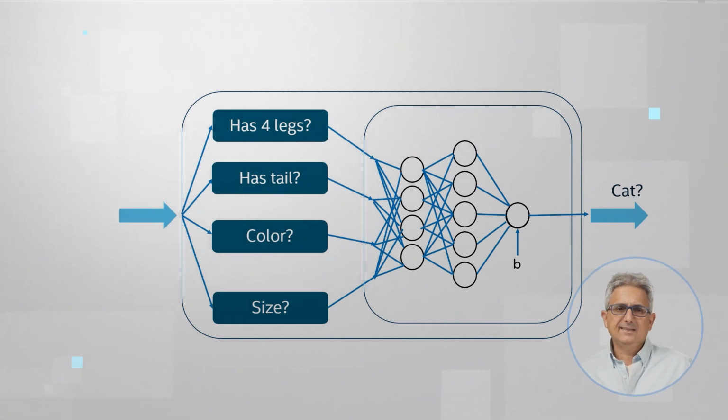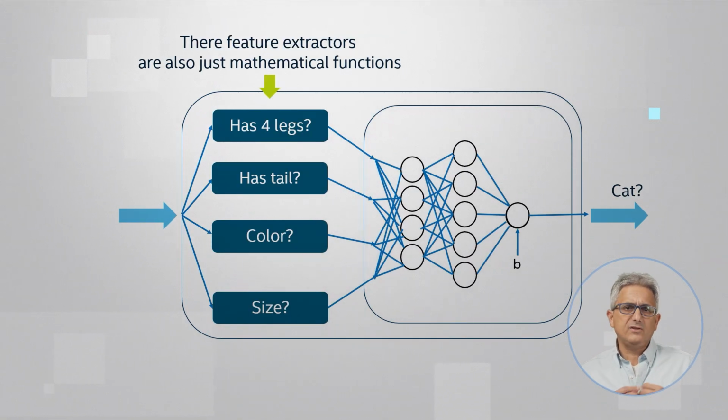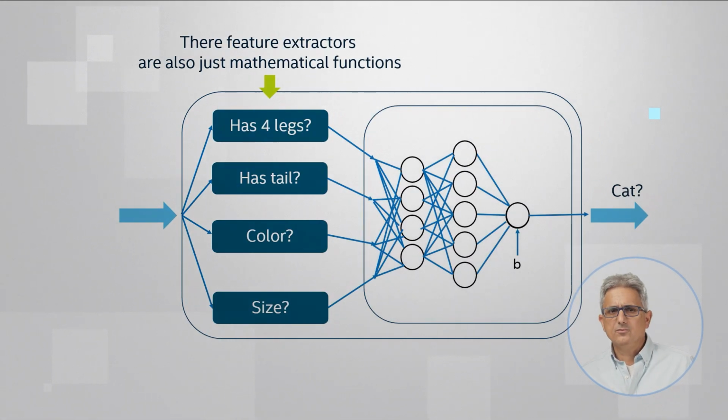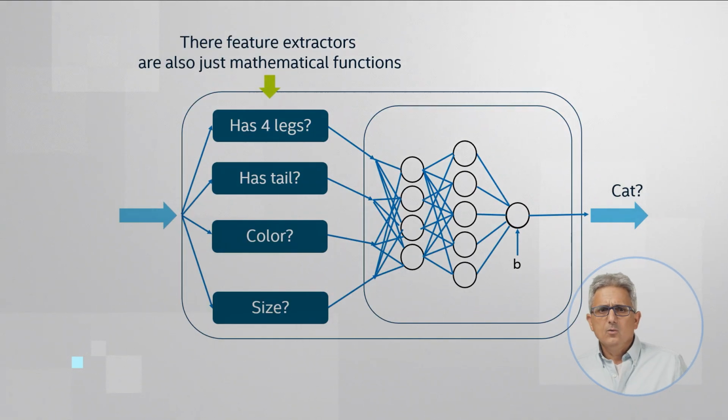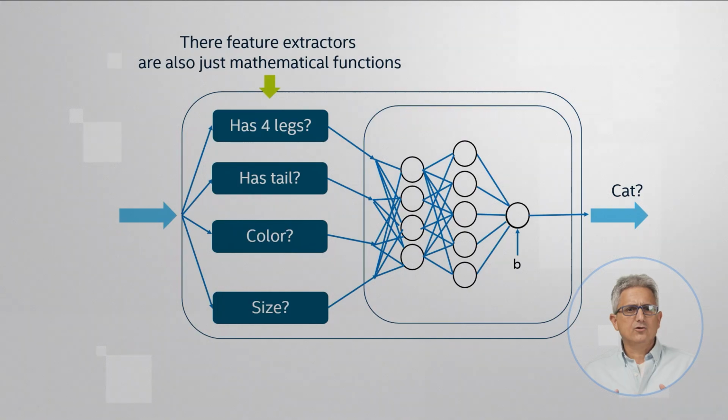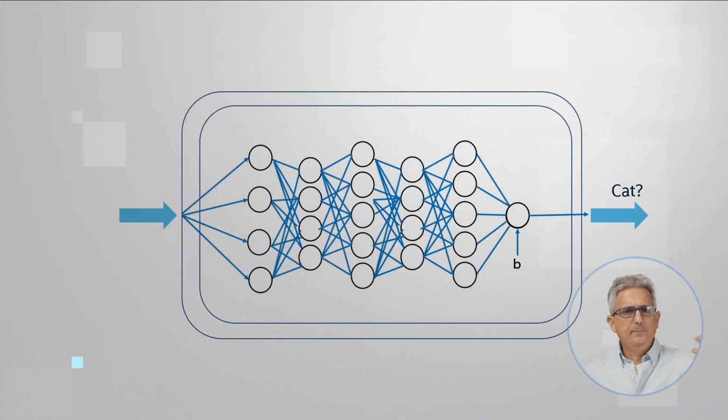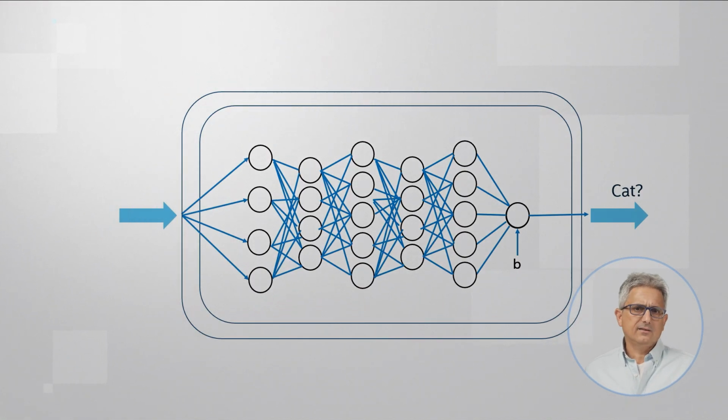The network is deep. And the truth is that these feature extractors are also just mathematical operations done on the image. So we can just take these functions and add them to our main function, and we have one big happy neural network.